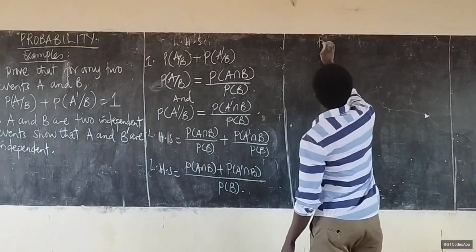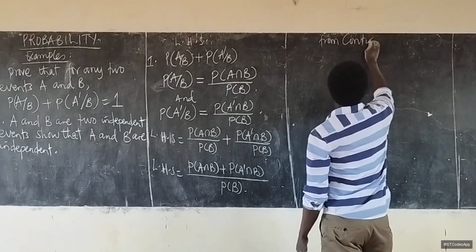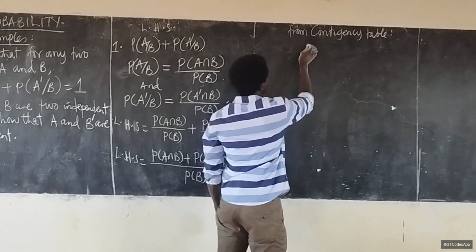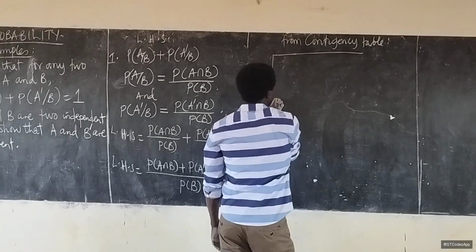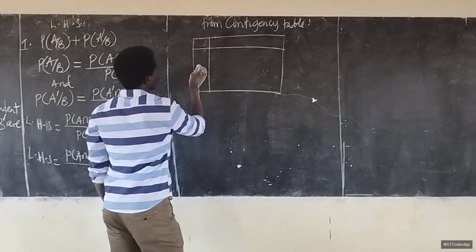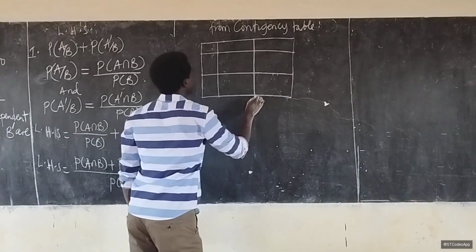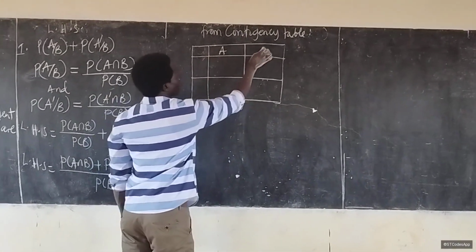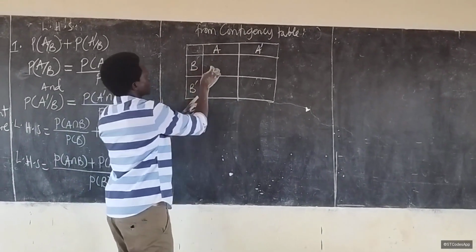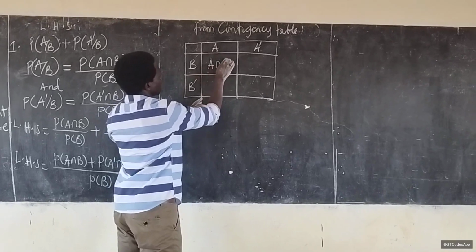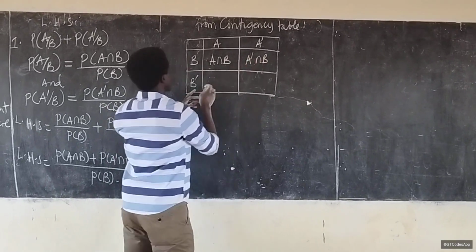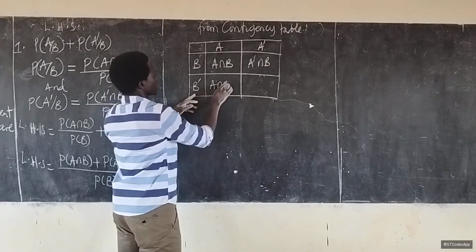So from the contingency table, we have this is A complement, and this is B complement. This is A intersecting B. This one becomes probability of A complement intersecting B. This is the probability of A intersecting B complement.